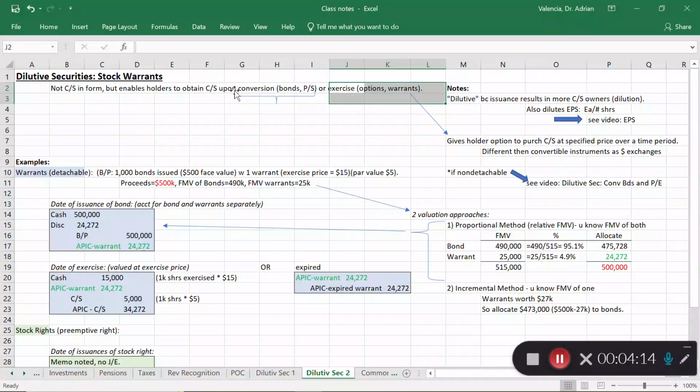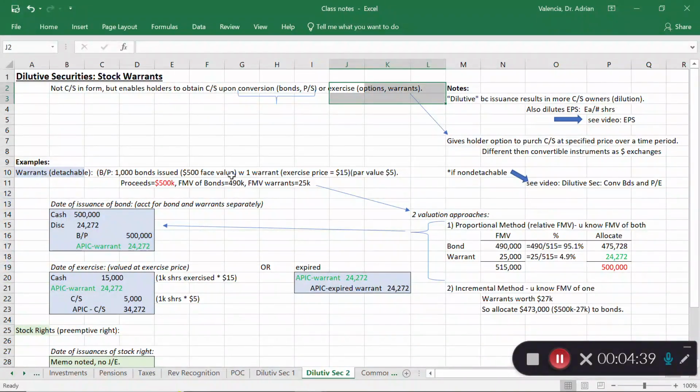You could not detach it and sell it separately. With options and warrants, usually those things are detachable and you can actually trade them separately from the bond, or any instrument that has them. So because they're detachable, we account for them separately.